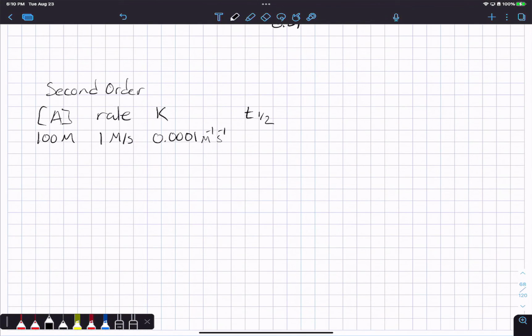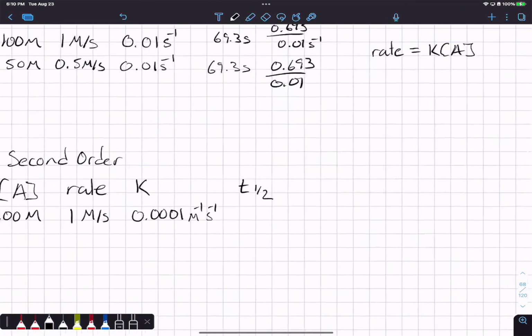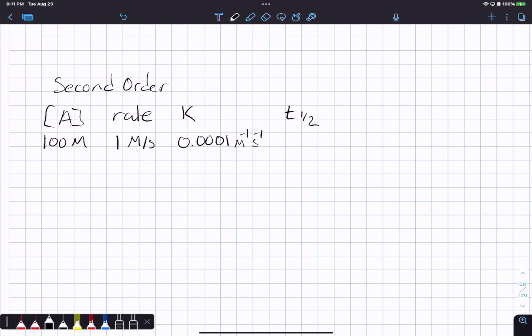Everybody tracking so far? So what do you think is going to happen for the second order reaction? Kind of already said it a few times. Let's see, the half-life equation is going to be 1 over K times A. So if we want to calculate the half-life, it's going to be 1 over K times our initial concentration.